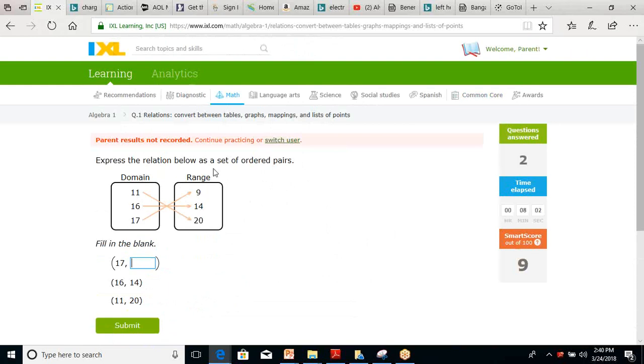So these are the coordinates. This is the x and this is the y. So an x of 17 corresponds to a y of 9, and they will tell you that. Okay, 11 corresponds to 20, and 16 with 14.